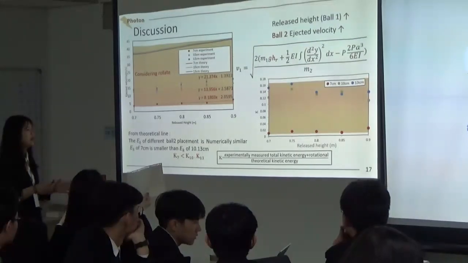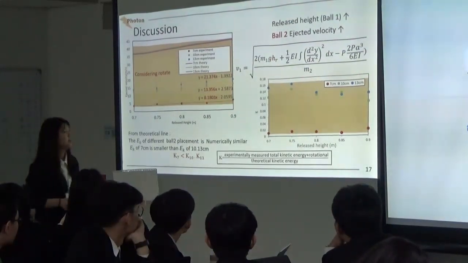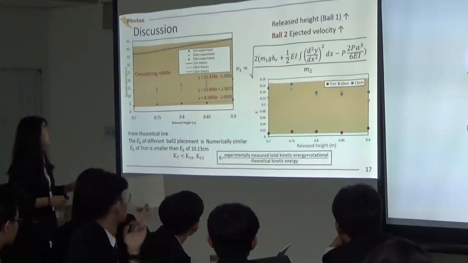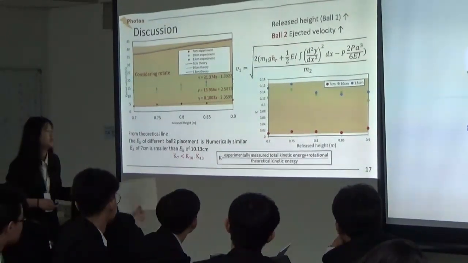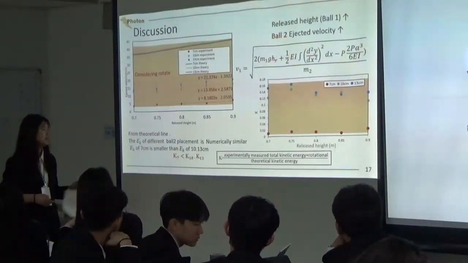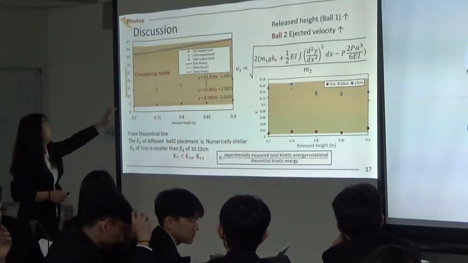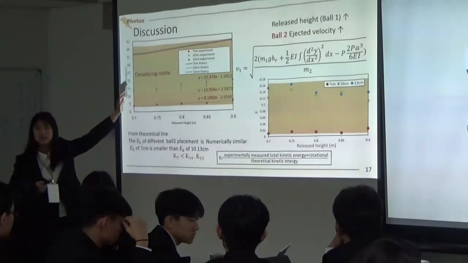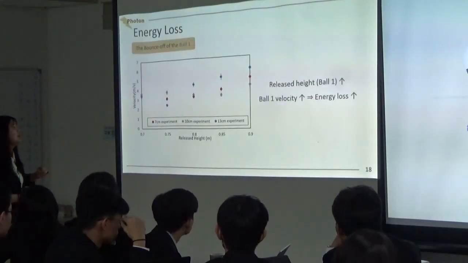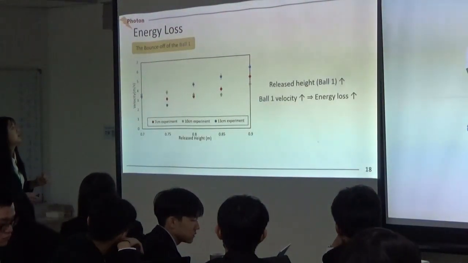And we can also know that the impact of the different heat capacity is not really similar, and the temperature change is smaller, which is also a reason why this one is relatively close. And we talk about the energy loss of the bounce of ball one.